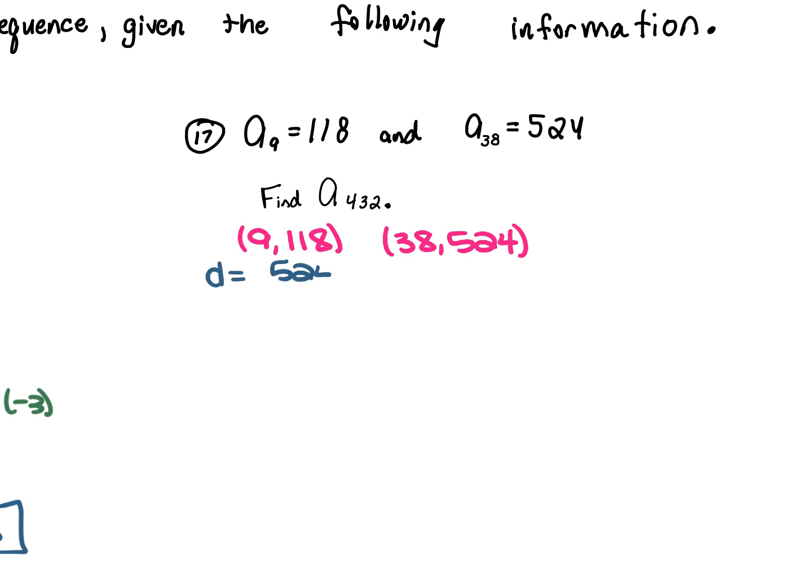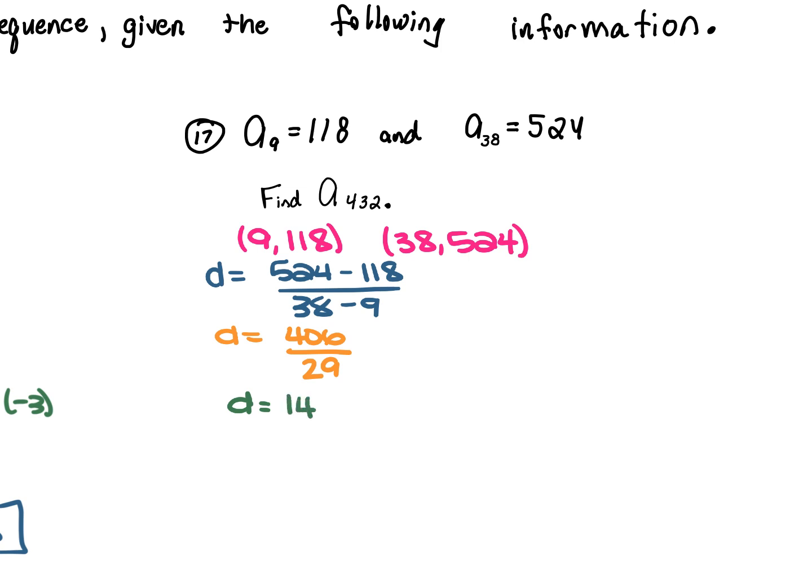We'll do 524 minus 118 over 38 minus 9. So 524 minus 118 gives us 406 over 38 minus 9, which is 29. The 406 divided by 29 is 14, so your common difference, or d, is 14.